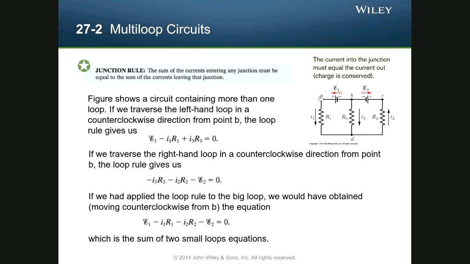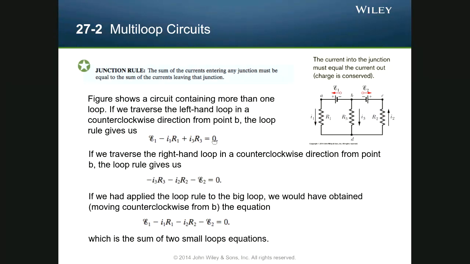Now you'll notice we assigned directions to the current, so we ask ourselves, are we going in the direction of the current? We are, so we could do minus I1 R1. But now when we ask the same question for the next resistor, we are not going in the direction of the current. We're going against the current. So indeed, we need to add I3 times R3, and that's going to equal 0.